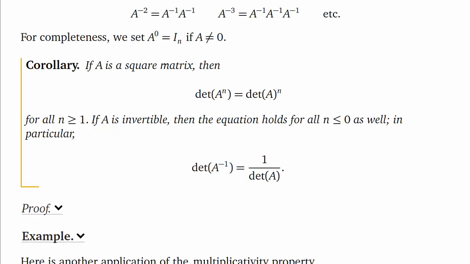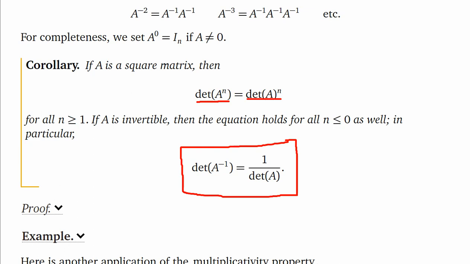That property leads to two other properties: the determinant of some matrix raised to the power n is just the determinant value, that real number, raised to the nth power. And also this one, which is really, really helpful.